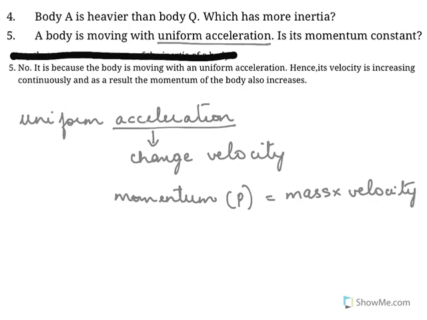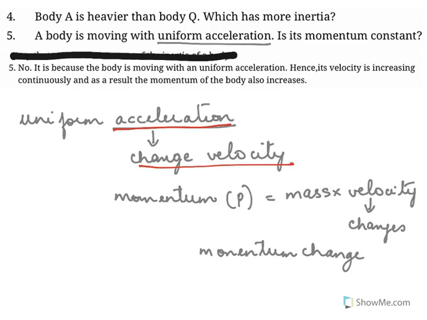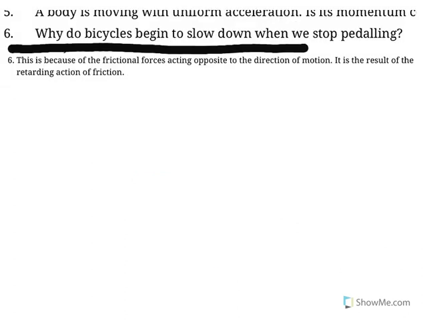The mass of the body remains constant, but if velocity changes because the body is accelerated, momentum will also change. So uniform acceleration means there is a change in momentum. Velocity changes, momentum also changes.